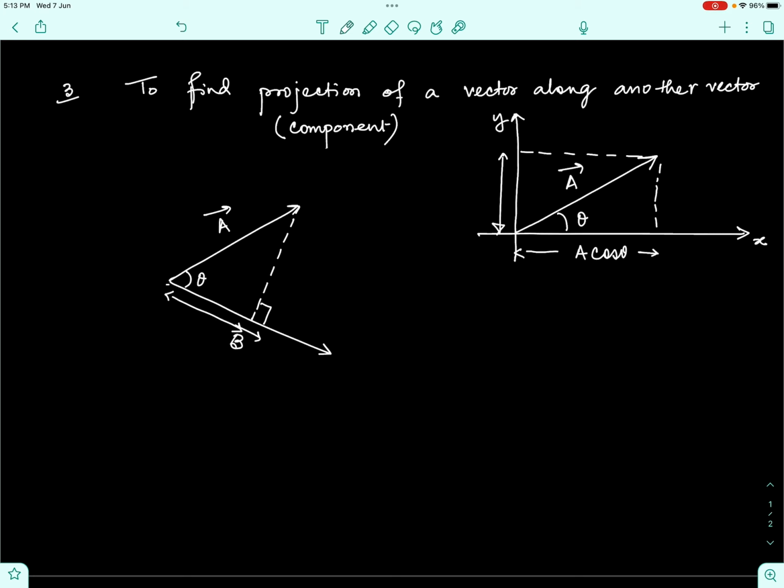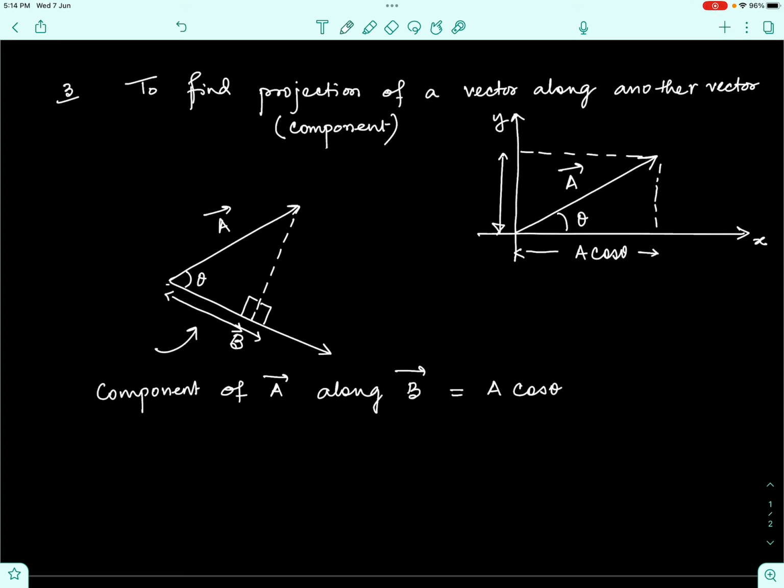From the figure, if you look at this carefully, this right angle triangle that we are getting, the component of A along the vector B, this particular length is nothing but A cos theta, isn't it? Component of vector A along vector B by definition is A cos theta.